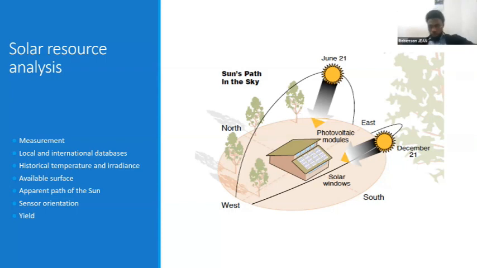So why should we do that? Because when we do that, the direct radiation arrives perpendicularly to our collector. But if they are not equal, the radiation arrives with an incidence angle that is not 90 degrees.